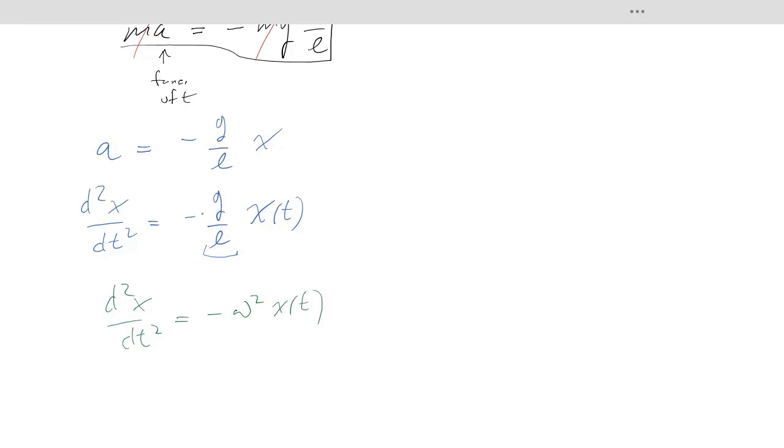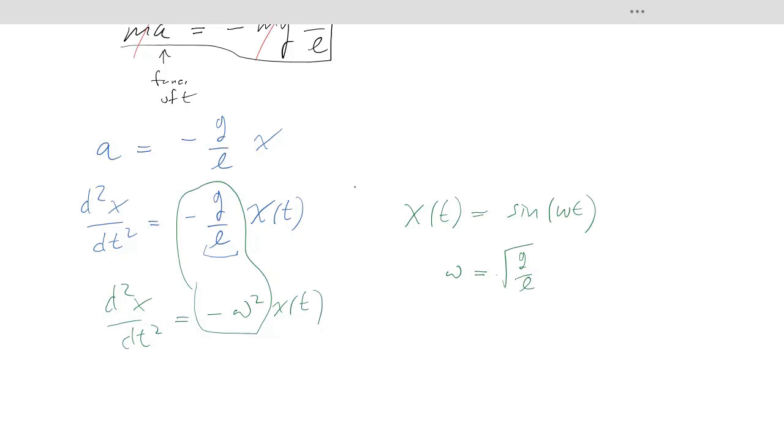That's pretty powerful, because it looks just like the same equation we did for the spring. So one possible solution, again, the solution to a differential equation is a function, x as a function of time equals some sine of omega t, and omega in this case, I can equate these two pieces here, so omega is the square root of g over L.